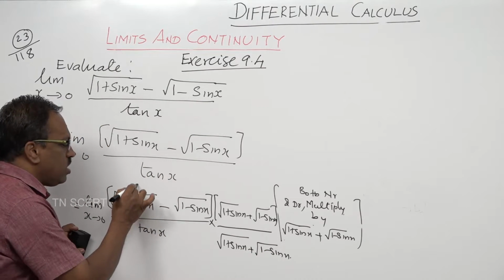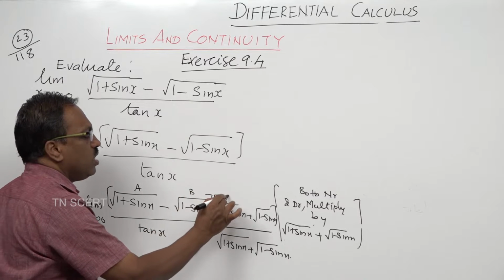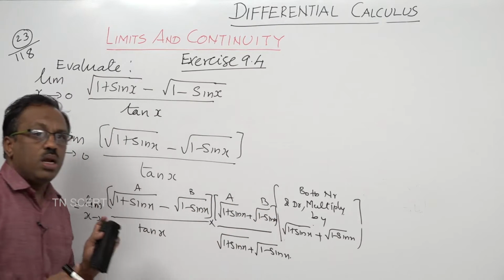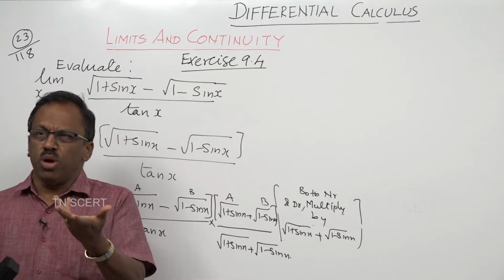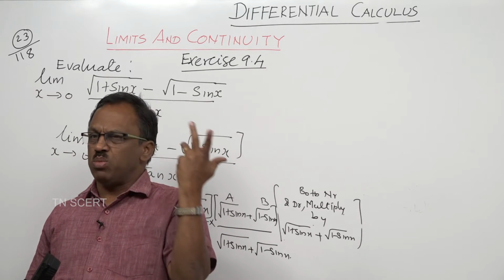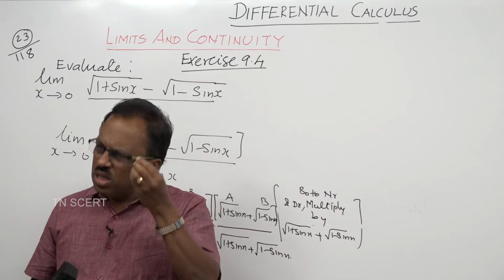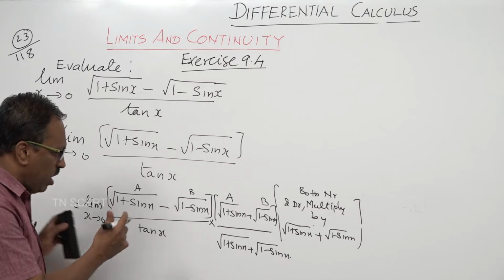Here the strategy: this is a and this is b. You know the formula a minus b, a plus b is a square minus b square, a simple algebra formula that we can apply.